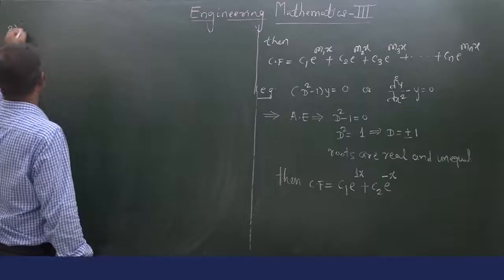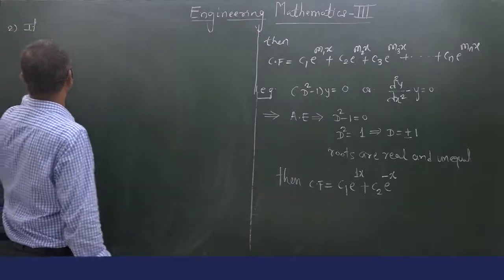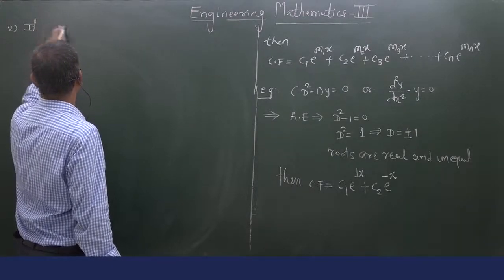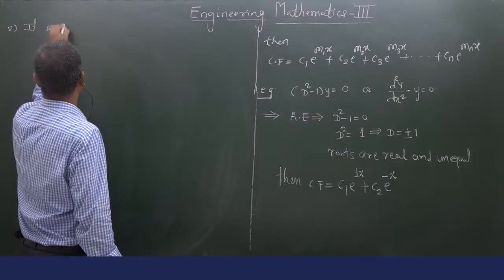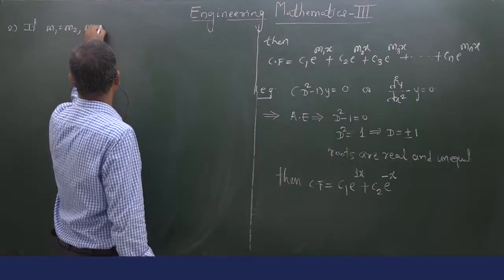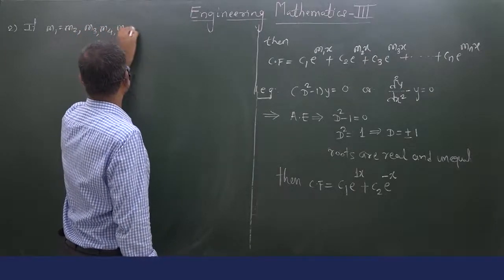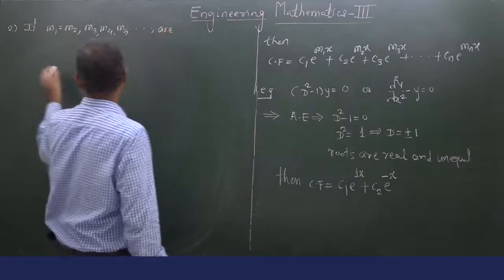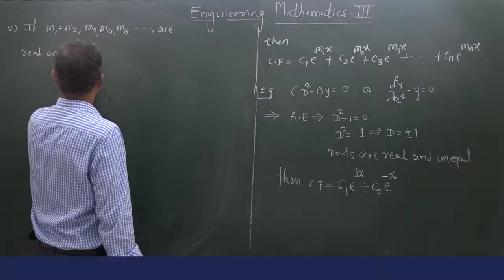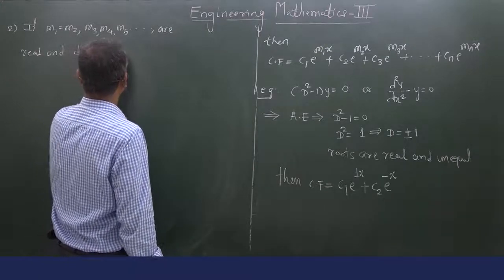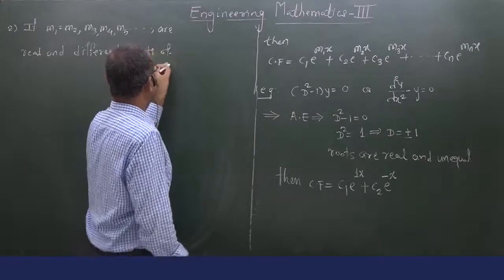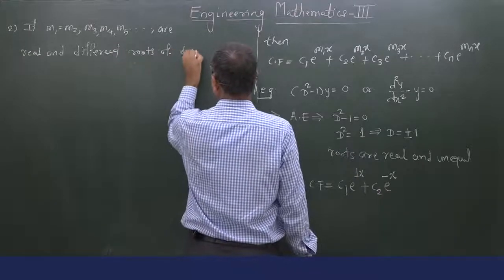The second case is if m1 equal to m2 and m3, m4, m5 are real and different roots of the auxiliary equation phi of D equal to 0.